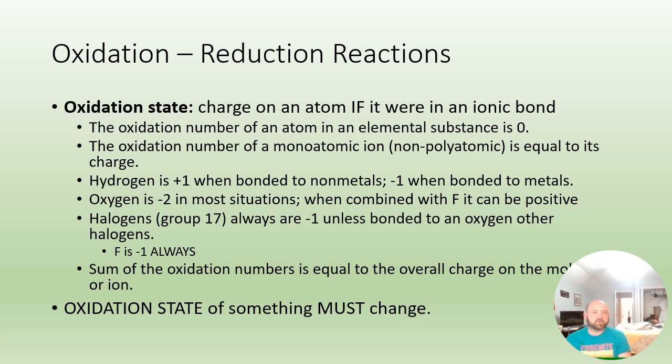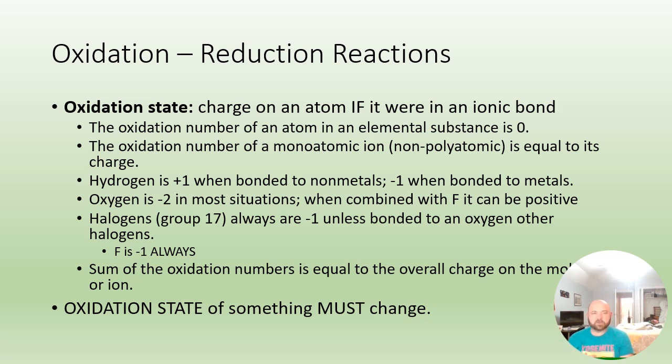When we see a monoatomic ion in a reaction, something like an Na+, or a Cl-, or an S2-, the oxidation number of that species is its charge. So whether it's a +1 or a -2, that is its oxidation number.